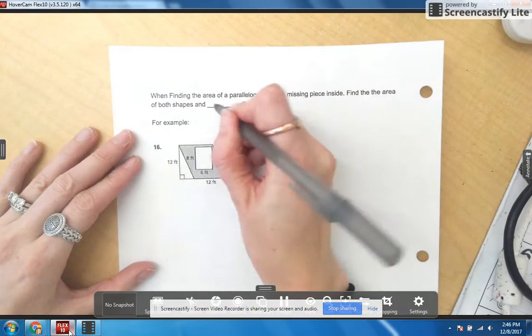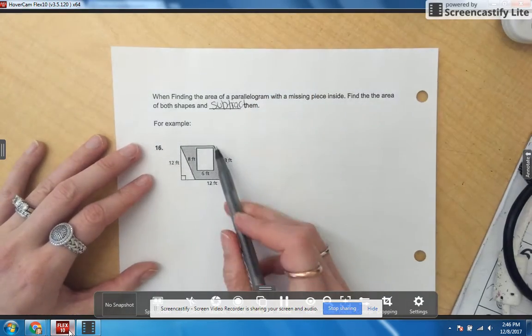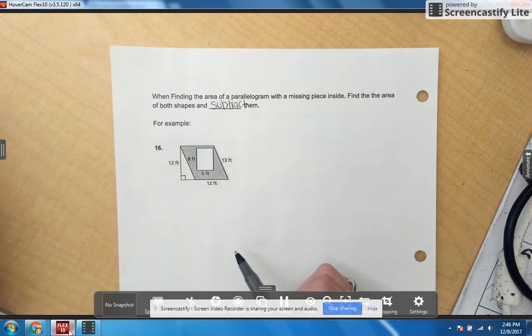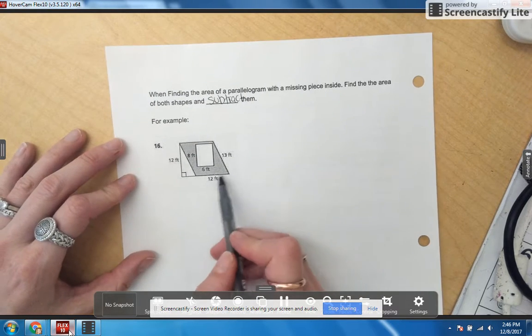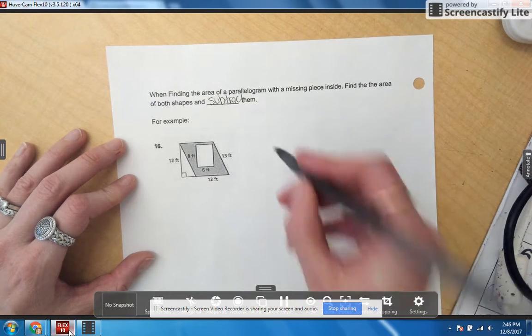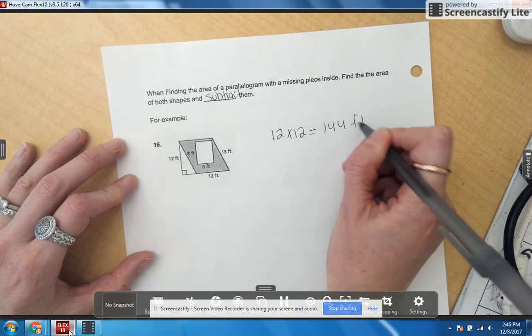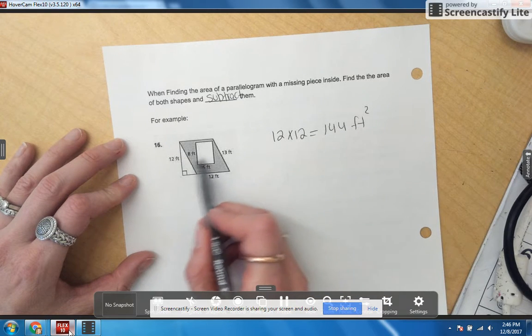So let's see. We have a bunch of numbers here. We need the base and the height for the parallelogram. Remember, they have to make a 90-degree angle. So this is my 90-degree angle, so 12 times 12. So 12 times 12 is 144 feet squared. That's the area of the entire thing. That's including the space that the rectangle's in. Now I got to find the area of the rectangle.